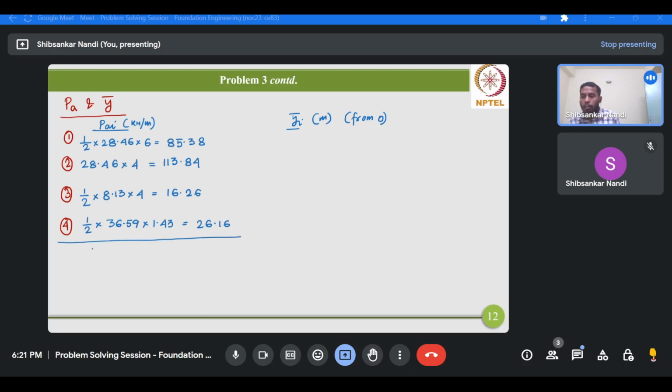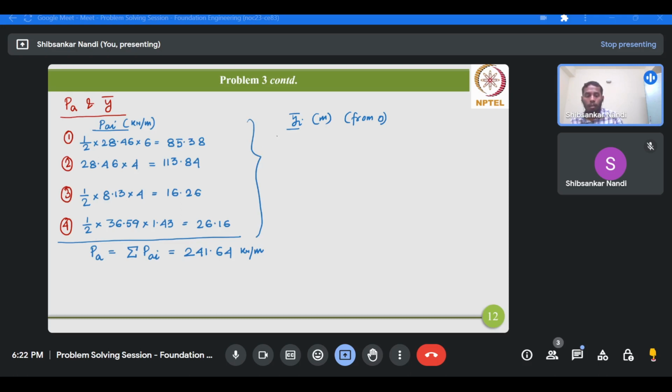The resultant PA is the summation of PAi, so it will be 241.64 kilonewton per meter.